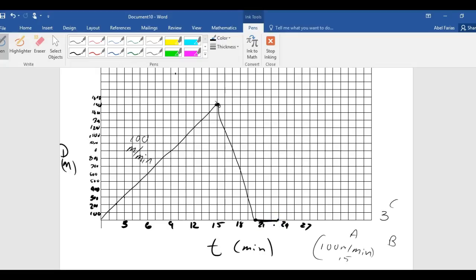All right. And then after that, he travels at 250 meters per minute to get back to school. So every minute that passes, he is going 250 meters. So there's 250. 1 minute passed. Another 250.